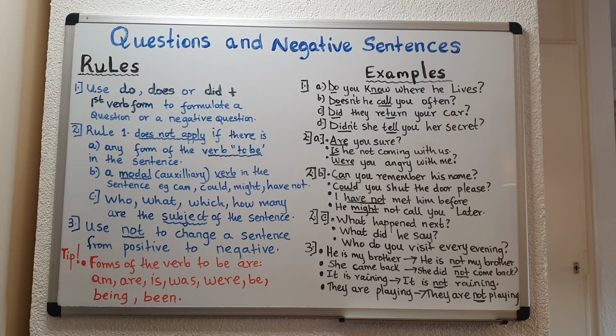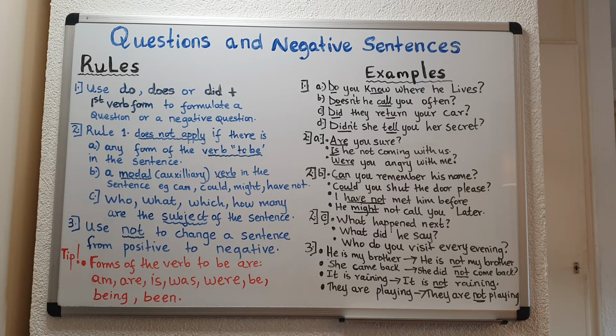Now, look at the tip. I have given you a tip at the bottom of the board. It is in red. Forms of the verb to be are am, are, is, was, were, be, being, and been. So if you want to ask a question in English, you have two choices.